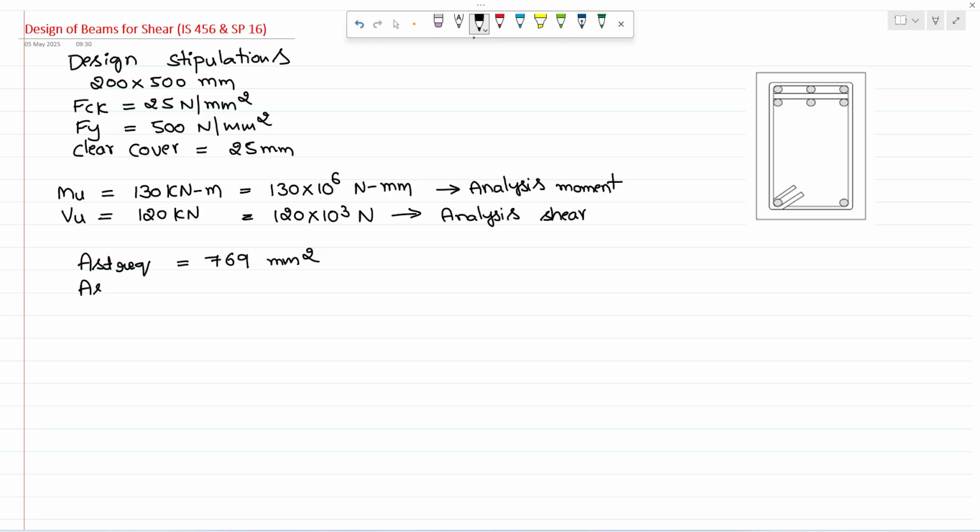So I provided a steel of 800 mm square. How is it provided? I provided 4 numbers of 16 mm dia.